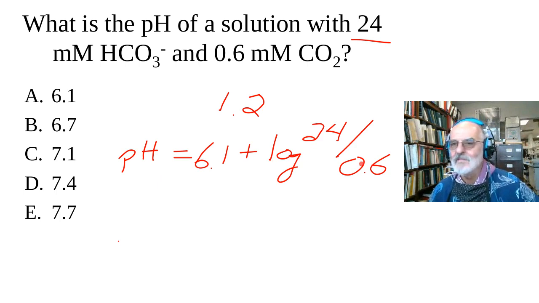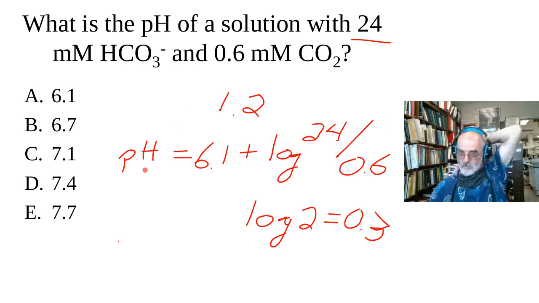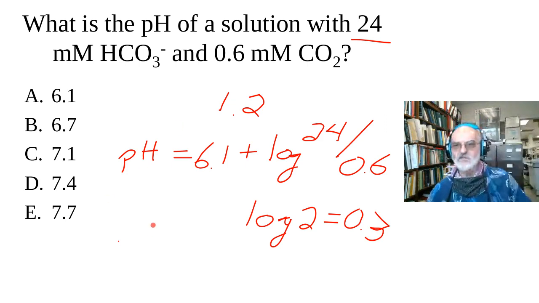And then the log of 2. The log of 2 is 0.3. Okay, so 0.3 plus 7.4 is 7.7. So you can do this a couple of different ways. By inspection, it's more basic because the acid goes down.